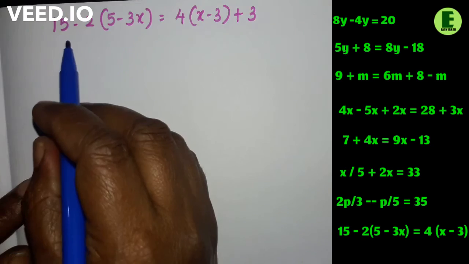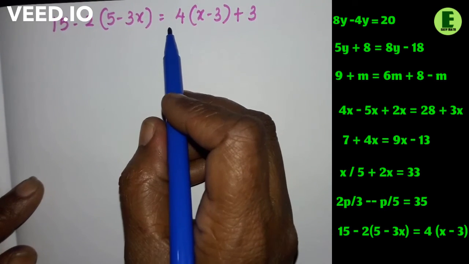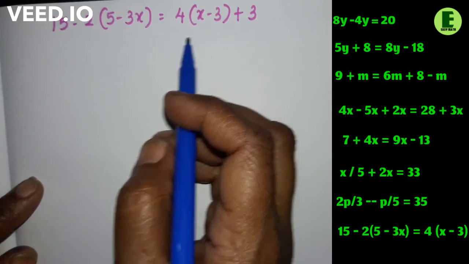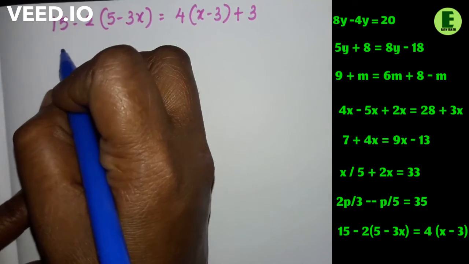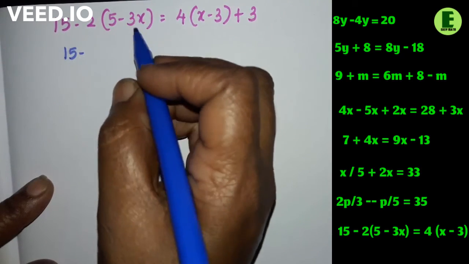15 minus 2 into 5 minus 3x is equal to 4 of x minus 3 plus 3. So the first thing you have to do is, let us write 15 as it is and multiply 2 with this term.